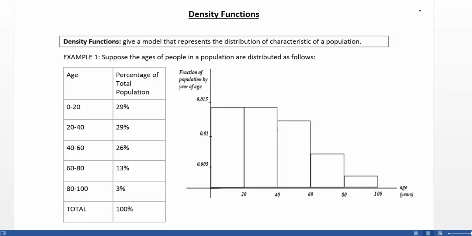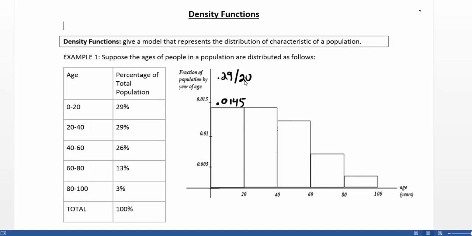Remember, if we want to turn a percentage into a decimal, we move it left 2 places. So we took the number 0.29 and divided that by 20, the length of the interval. 0.0145 is the height here, almost 0.015.